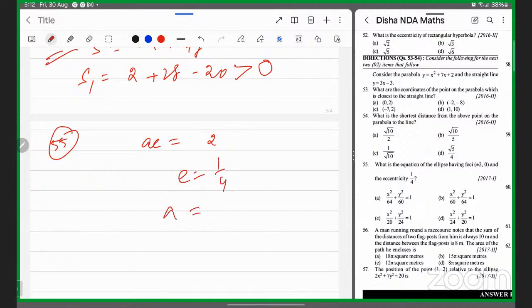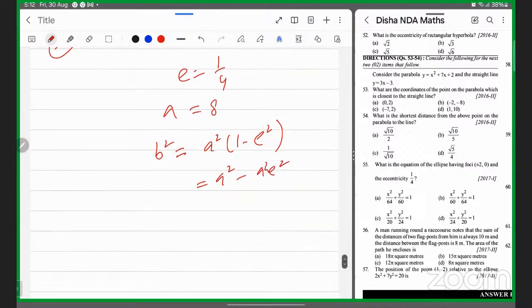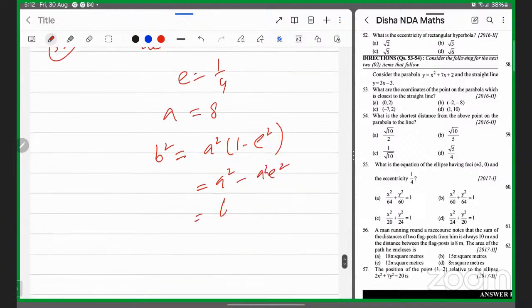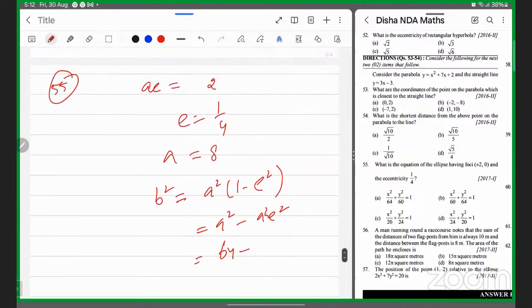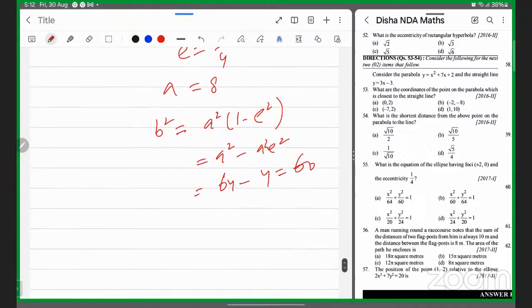So you will get a is equal to 8. b square is a square times 1 minus e square, which is a square minus a square e square. So a square, 8 square, is 64. a square e square, 2 square, is 4, so 60. Understood? So x square upon 64 plus y square upon 60. You will get the final answer. Understood, everyone?